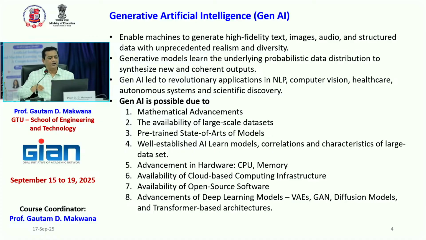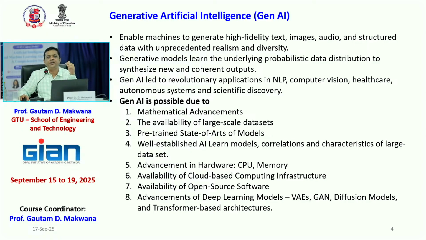Why is this generative AI possible? Because of technological advancement in every domain, like mathematical advancement and the availability of large-scale datasets, because every person has a different context. So we need large-scale datasets and pre-trained state-of-the-art models.